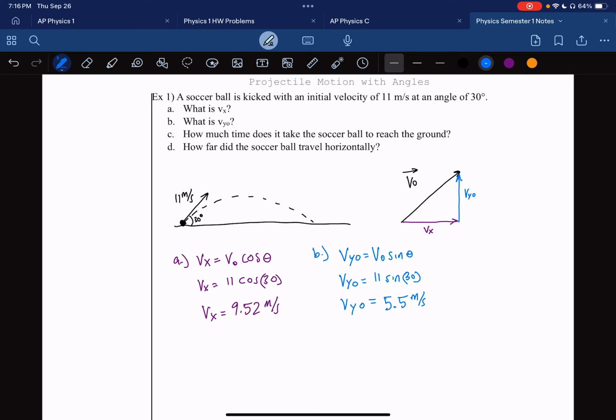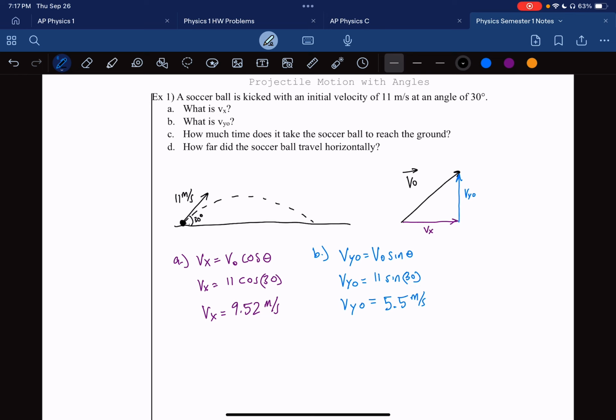So, just a little bit of concept here. Although the soccer ball is kicked at 11 meters per second at an angle of 30 degrees, essentially what we're doing is it's getting an initial vertical velocity of 5.5 meters per second. Now, that vertical velocity will decrease until it reaches the highest point, and then it'll start to increase, moving down on the way back down.